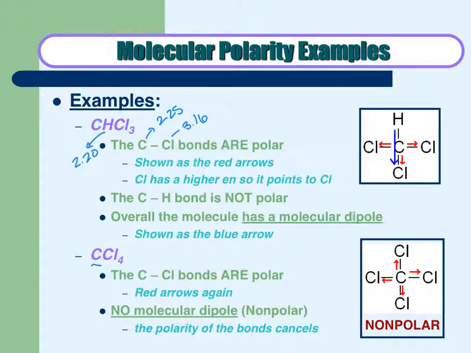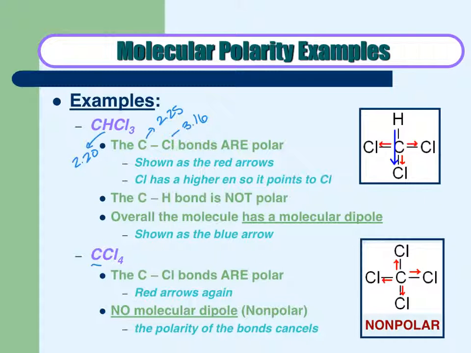So if I'm going to draw my vector lines in red first, chlorine's more electronegative. It's pulling those electrons toward it, and that'll happen on each individual bond, just like you see in the picture. So these two guys essentially cancel one another out. It's like a tug of war. If those were the only two polar bonds in this molecule, then this would not be a polar molecule.